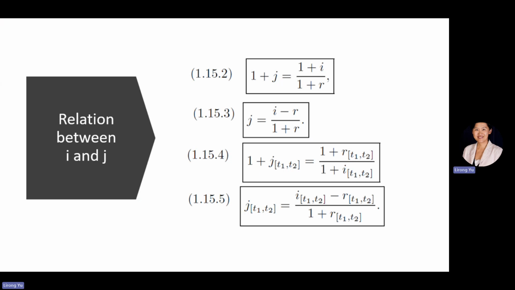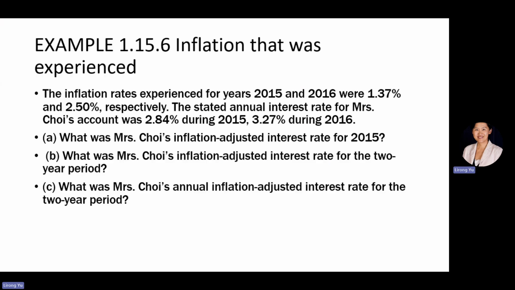I think I had that one wrong. The numerator and denominator were switched. It should be 1 plus I over 1 plus R. Anyway, I copied these off the book.